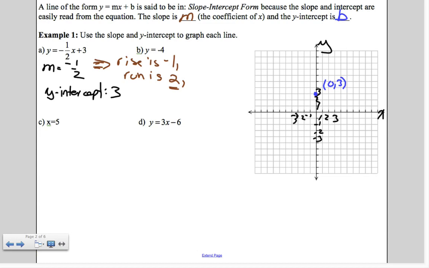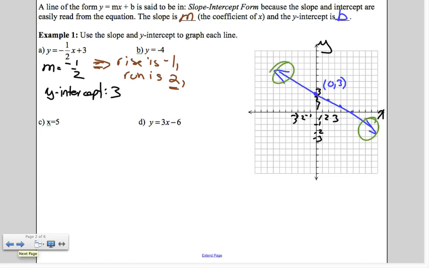We're going down 1 because it's negative, and then run is 2, so it's over here. I'll do it again: 1 down, 2 across. 1 down, 2 across. I'm going to put several points on here so that I can see what my straight line will be.